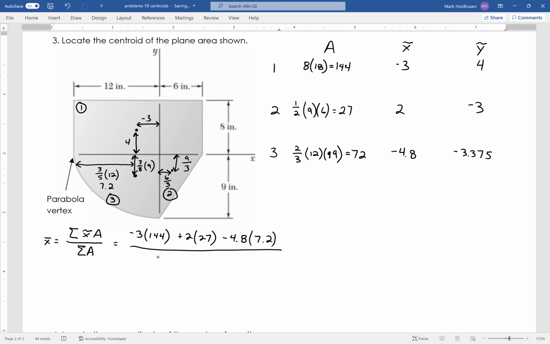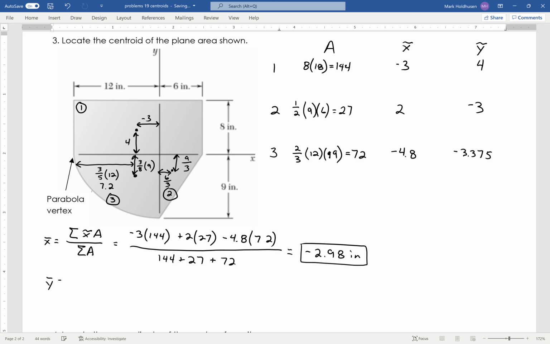The total area is 144 plus 27 plus, that is not 7.2, that is 72, excuse me, plus 72. From that, I get an x location of the centroid of negative 2.98, or about negative 3, based on the origin that I've got right there.